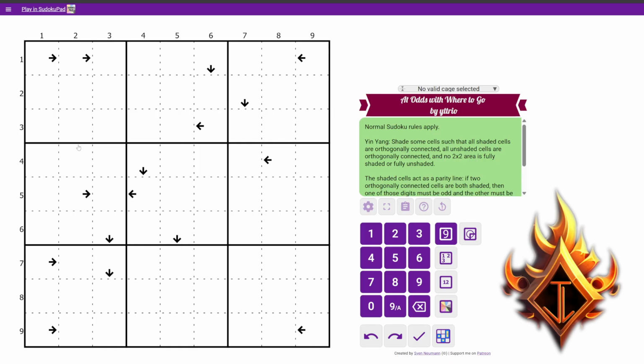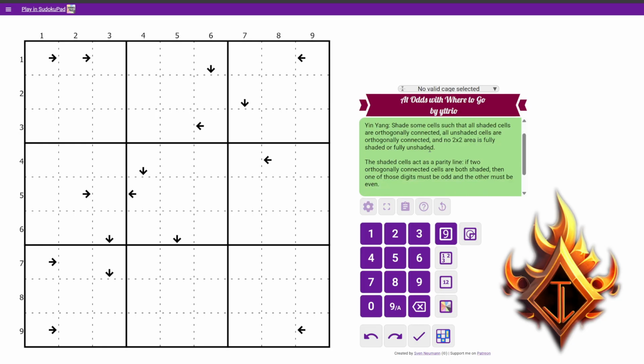Normal Sudoku rules apply, that is 1 to 9 in every row, column, and 3 by 3 box. Yin Yang is shade some cells such that all shaded cells are orthogonally connected. All unshaded cells are orthogonally connected. And no 2 by 2 area is fully shaded or fully unshaded.